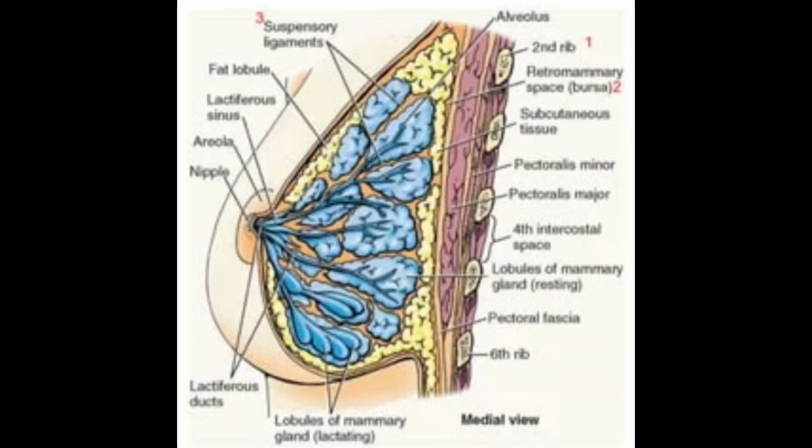All these lactiferous ducts unite just underneath the nipple and the areolar area, which is called the lactiferous sinus, and furthermore this lactiferous sinus opens into the nipple area, which is present at the areola. So this entire anatomical pathway is very important to understand the inflammatory process and the carcinoma of the breast at length.